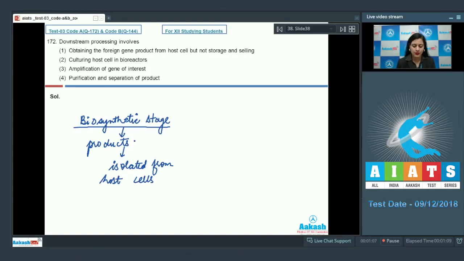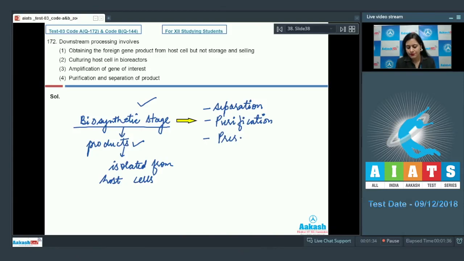After these products are formed at this biosynthetic stage, this is followed by the separation of these products from the reaction mixture, then purification of the desired product, followed by its preservation. And these processes of separation, purification and preservation is referred to as downstream processing.